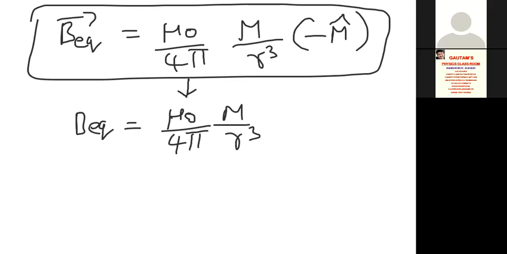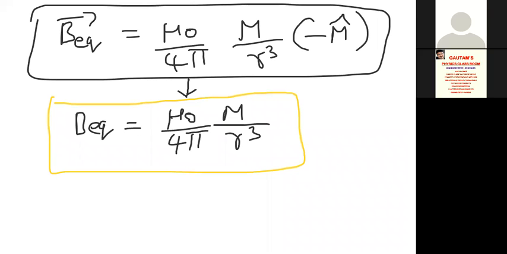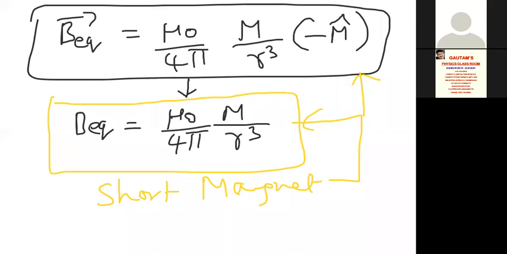No need to write minus m cap, since minus m cap indicates direction. These are the expressions for a short magnet or short bar magnet, whenever they use that term. We can use these two expressions, one with vector form, the other without vector form.